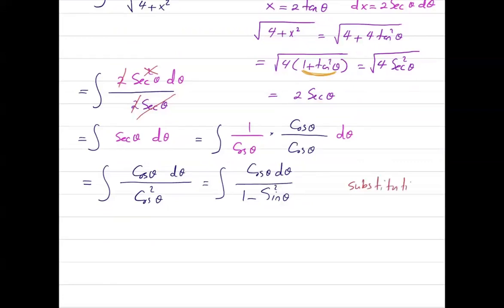What substitution? I'm going to take u to be sine theta, and my du is cosine theta d theta. So this integral is equal to the integral of du divided by 1 minus u squared.